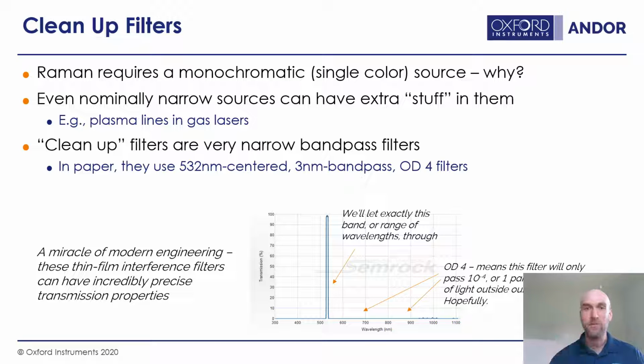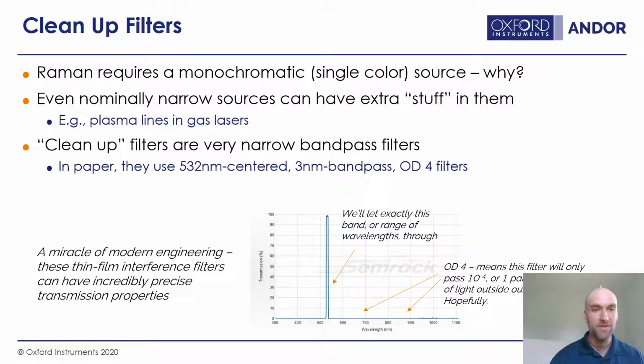OD, optical density, is a logarithmic scale of attenuation. So it means 10 to the 4. OD1 would be a factor of 10 attenuation, OD2, 100, and so on. So here is the transmission spectra of a very nice looking, moderately expensive cleanup filter centered at 532. This is, in my opinion, a miracle of modern engineering.